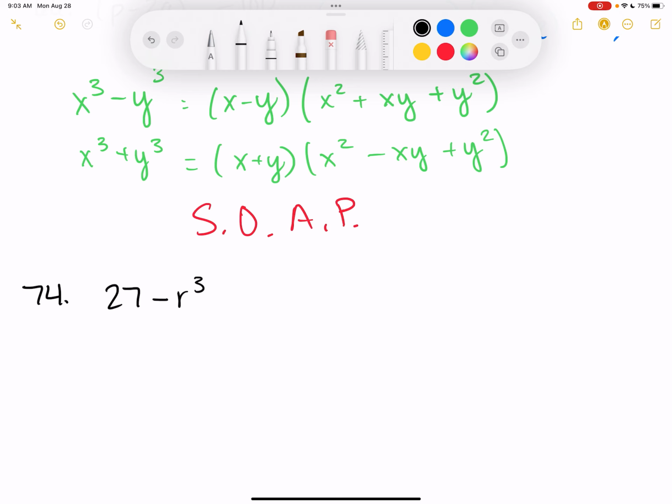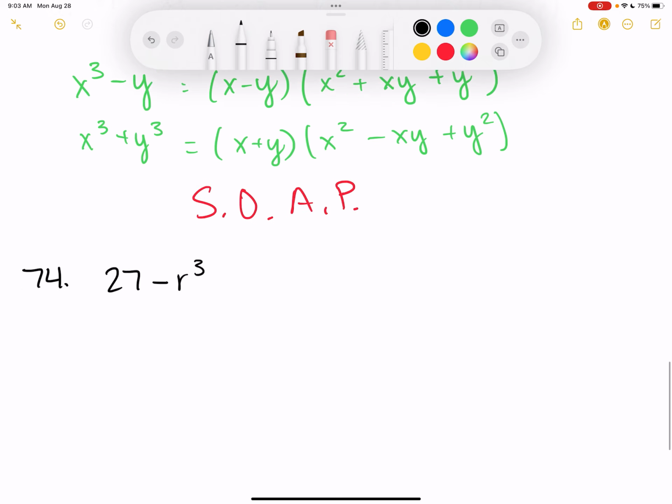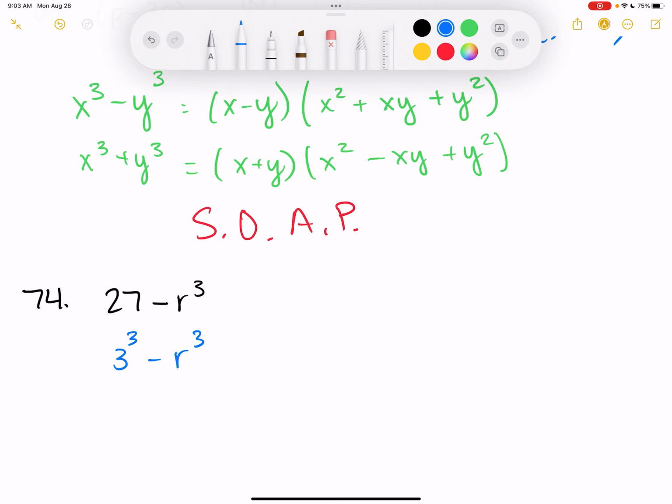So what cubed is 27? Yep, it's 3. So 3 cubed minus r cubed. Now it looks just like this first one up here in green. So I am going to copy down exactly with the sign, so same sign, so 3 minus r.